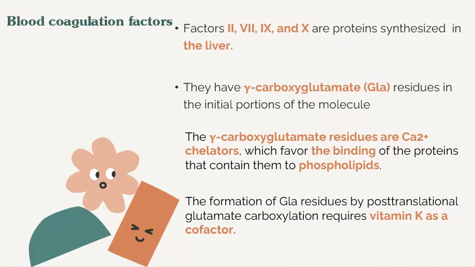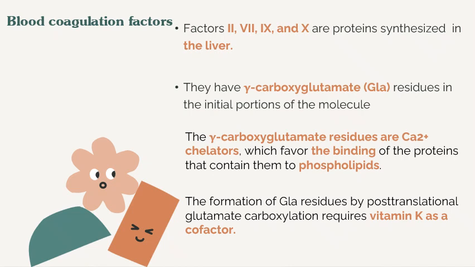The blood coagulation factors 2, 7, 9, and 10 are proteins that are synthesized in the liver. The catabolism of these proteins also happens in the liver. All these blood coagulation factors have a gamma-carboxyglutamate residue in the initial portion of the molecules.